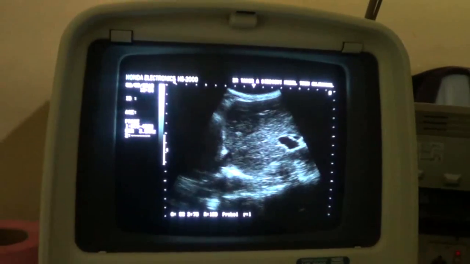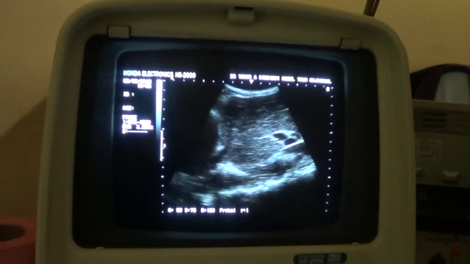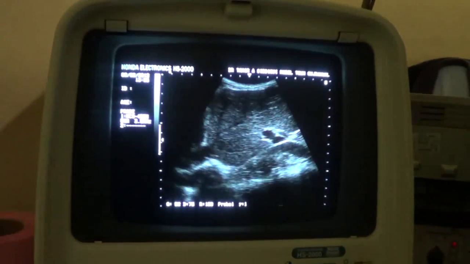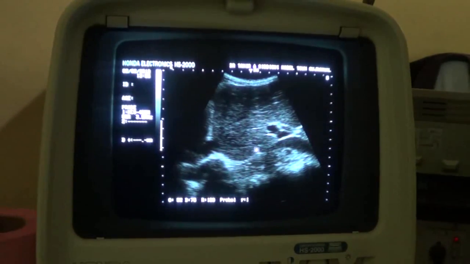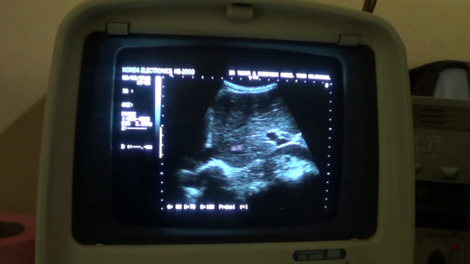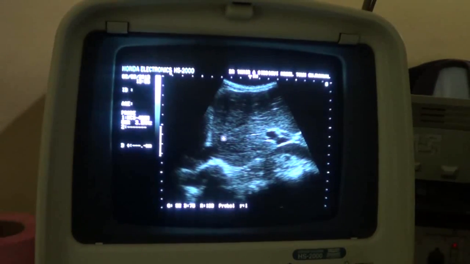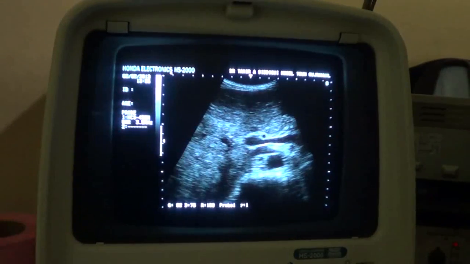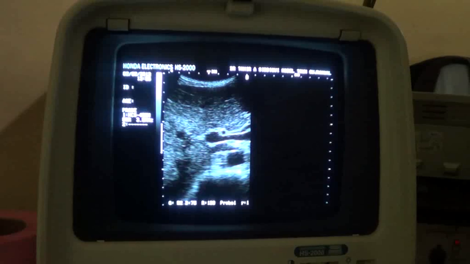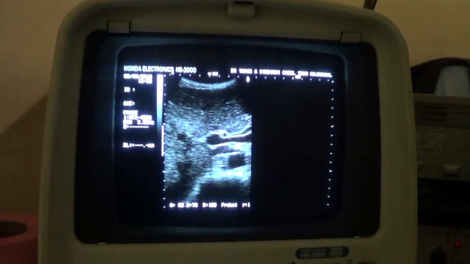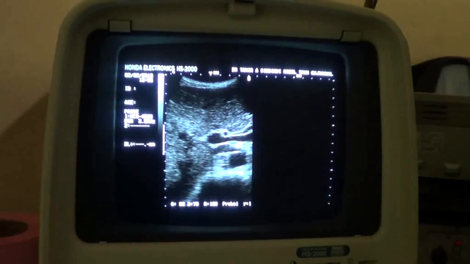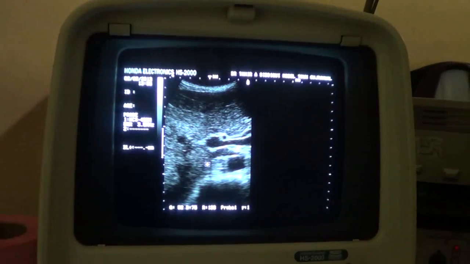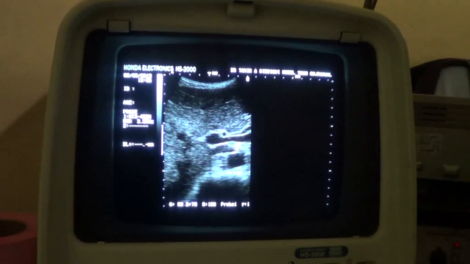This is the IVC, this is the caudate lobe, ligamentum venosum, this is the portal vein, this is the common hepatic artery in transverse section.